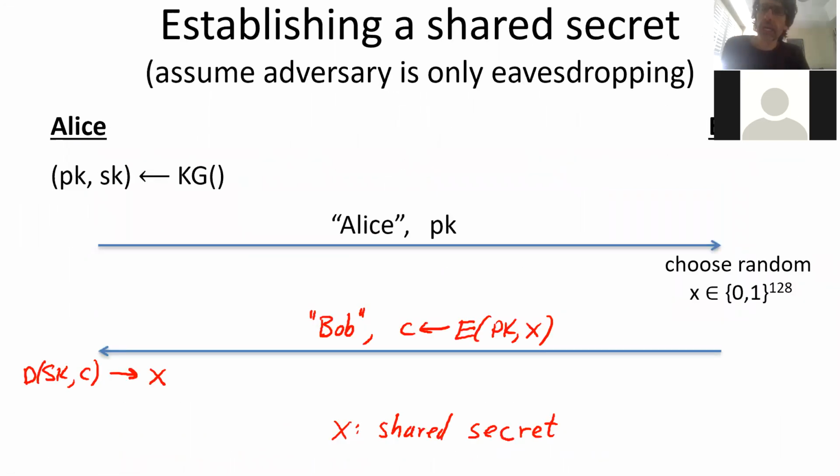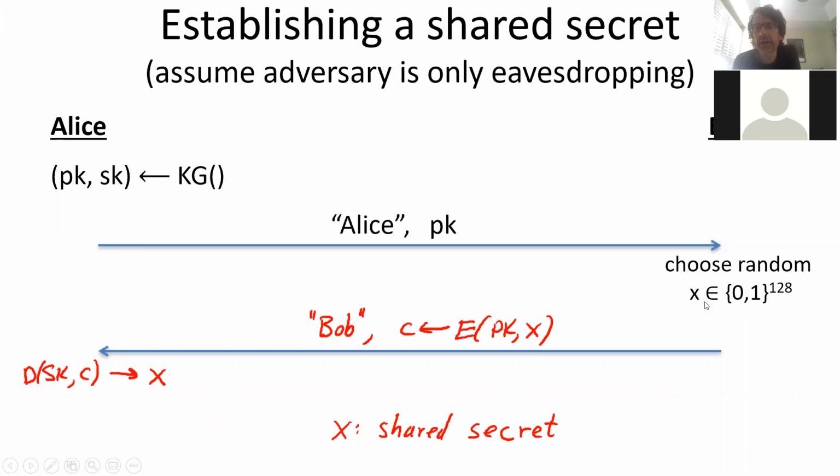So, public key encryption, of course, is going to be great for all sorts of stuff, but in particular, it creates a key exchange. Very simply, Alice just picks her private and public key pair and sends the public key over.